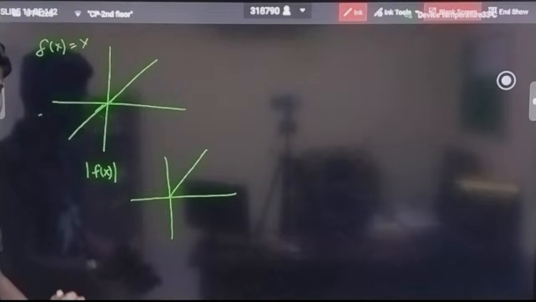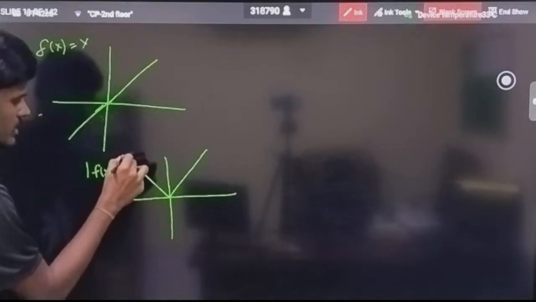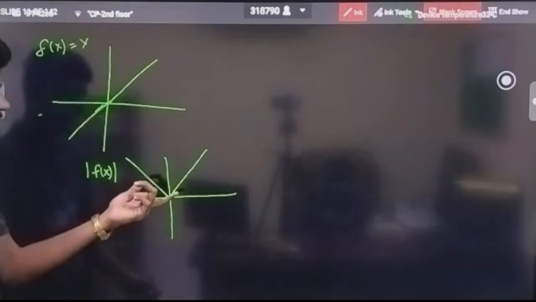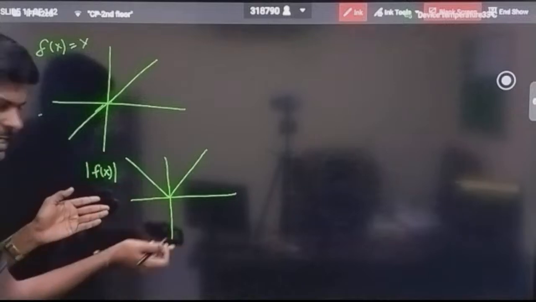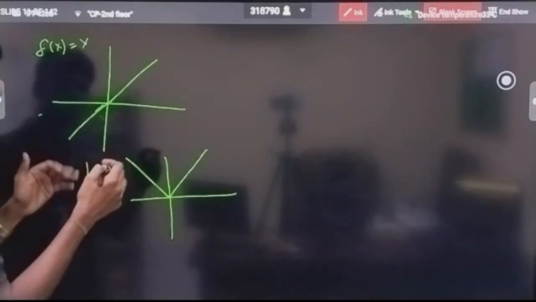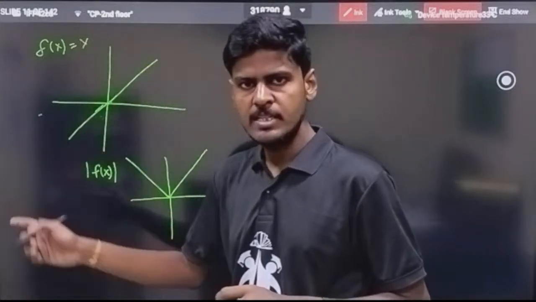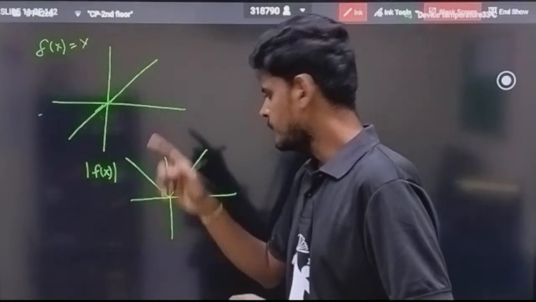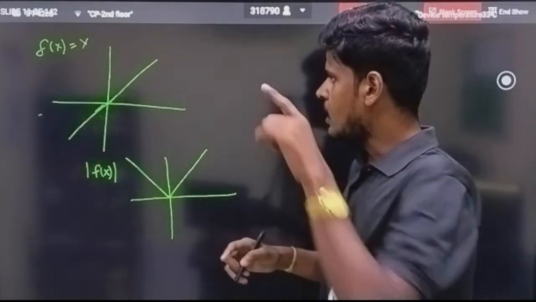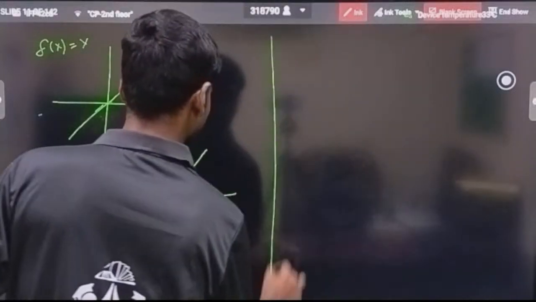Then we will get the mod f of x graph. So this will be the graph. What is this graph? It is nothing but mod x, which is again continuous. So what we observe from this question, when f of x is continuous, then mod of f of x will also be continuous. Now what about its converse?